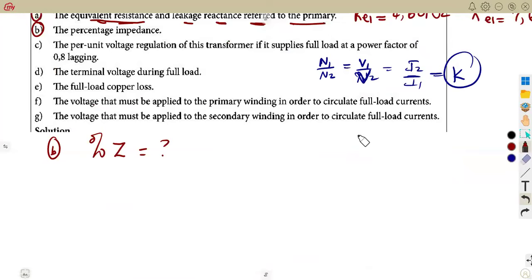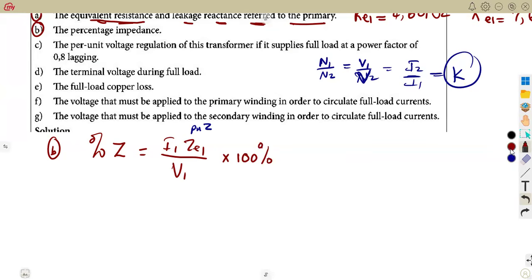So that was actually the formula that can help us to determine this. Okay, so with this, we are going to have I1 ZE1 over V1, which is our per unit impedance that we are having here. This is our per unit impedance, but whatever you have, for percentage, multiply by 100.